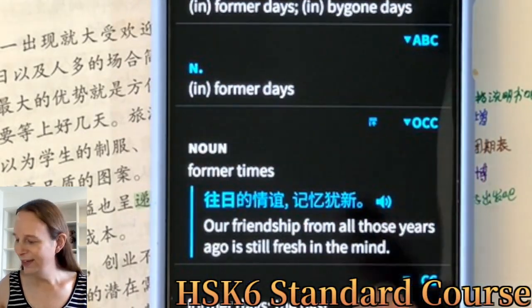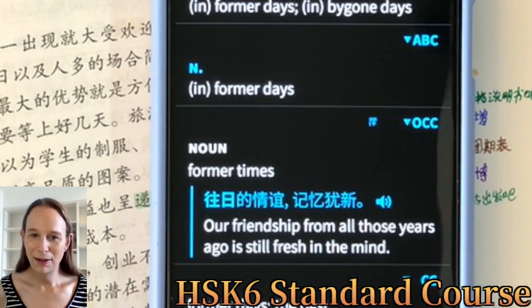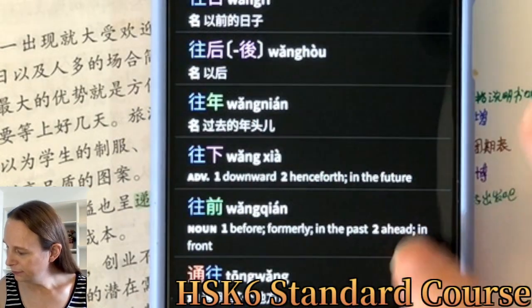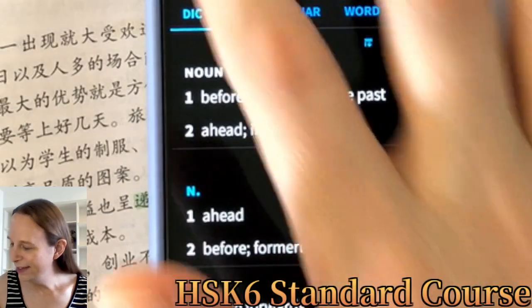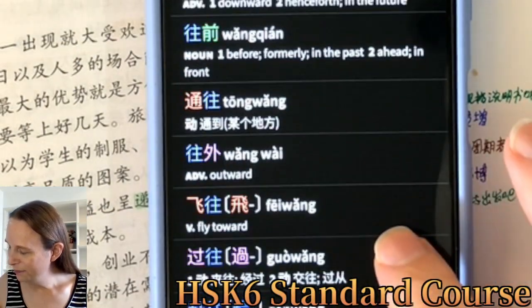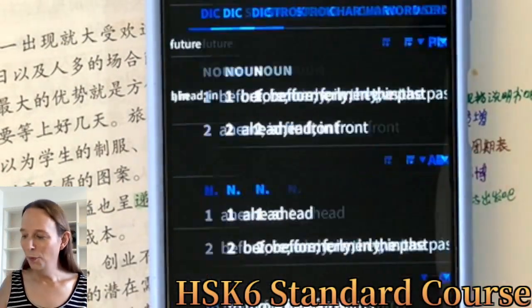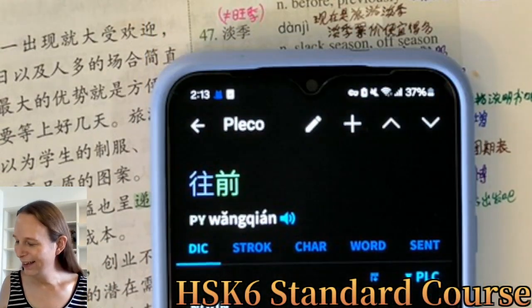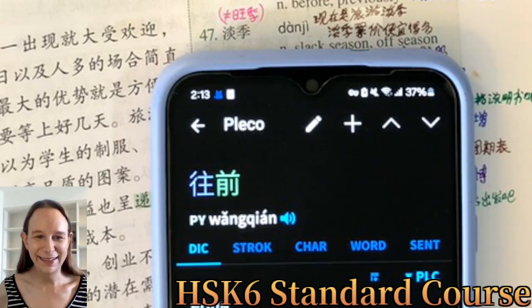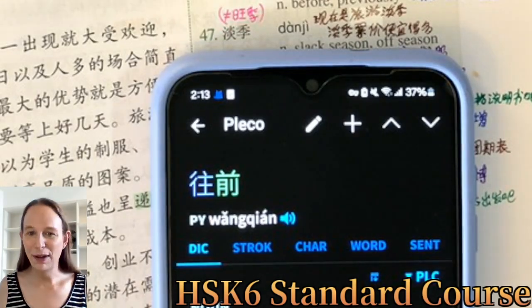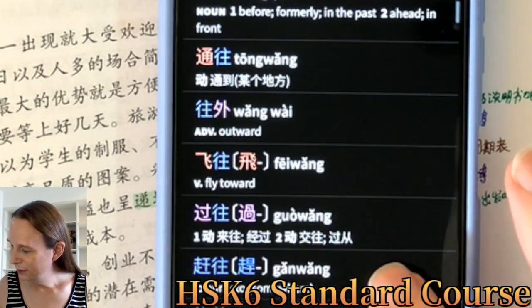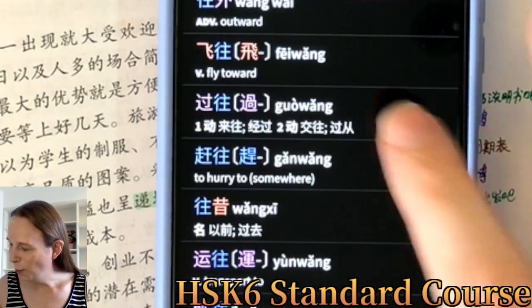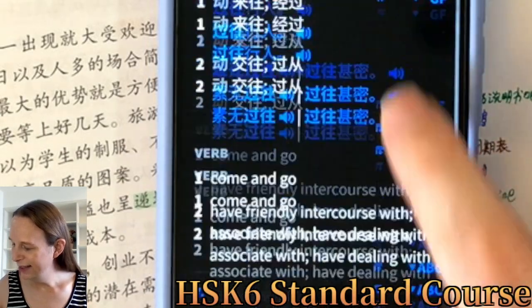So whoever's doing this is nostalgic about the 往日, their friendship long ago. 往前, yeah, before, past. If you say 往前走, it means go ahead, but 往前 can also mean in the past. Anyway, you get the idea. 过往. That's different.